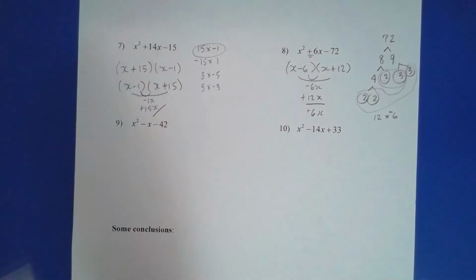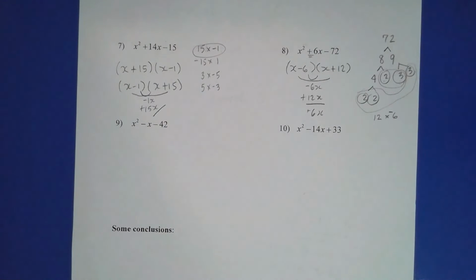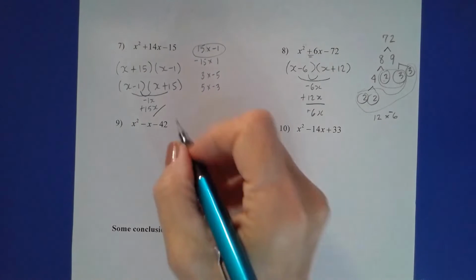42, the difference has to be 1. Two numbers that multiply to negative 42 and add to a positive 1, negative 1. 42 and 1 would give me in the middle 41. Yeah? 6 and 7.